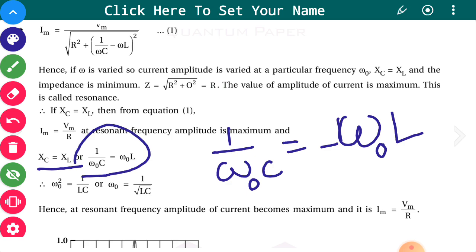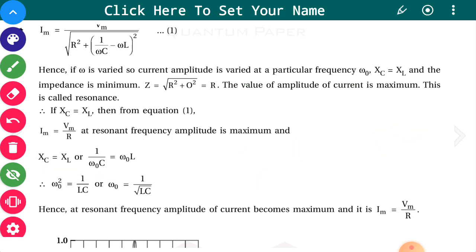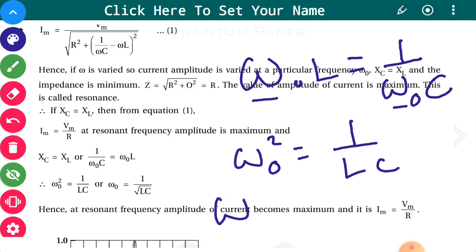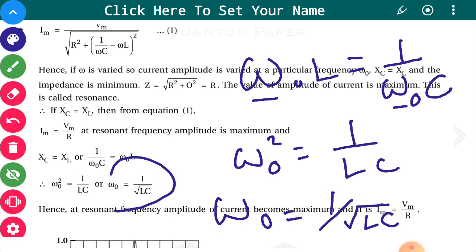So it is denoted by 1 upon omega 0 C is equal to omega 0 L, or we can say omega 0 square is equal to 1 upon LC, because omega 0 L is equal to 1 upon omega 0 C. If you multiply by omega 0, it becomes omega 0 square is equal to 1 upon LC, or omega 0 is equal to 1 upon root LC. So this is the value of the resonant frequency.